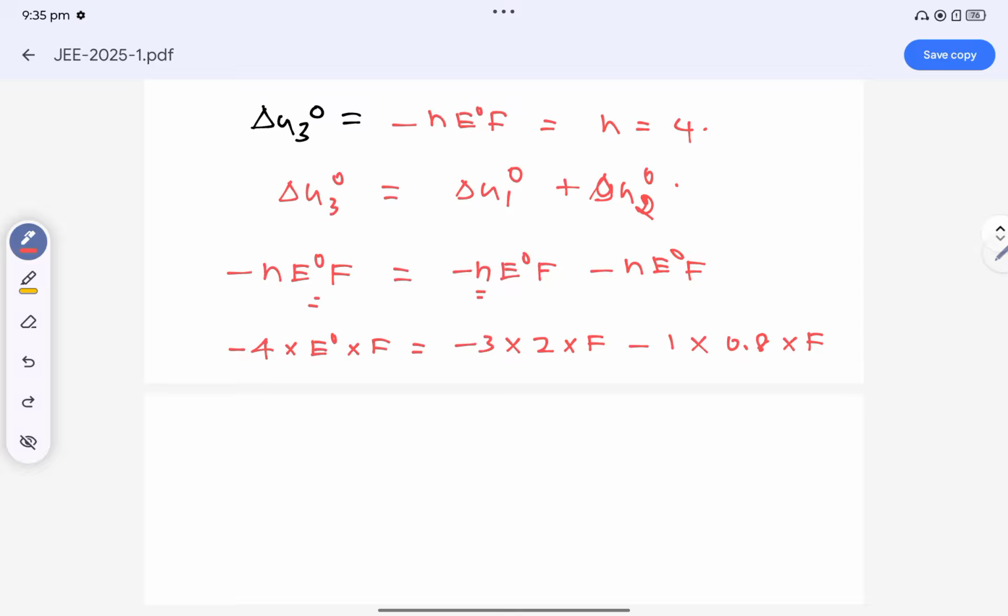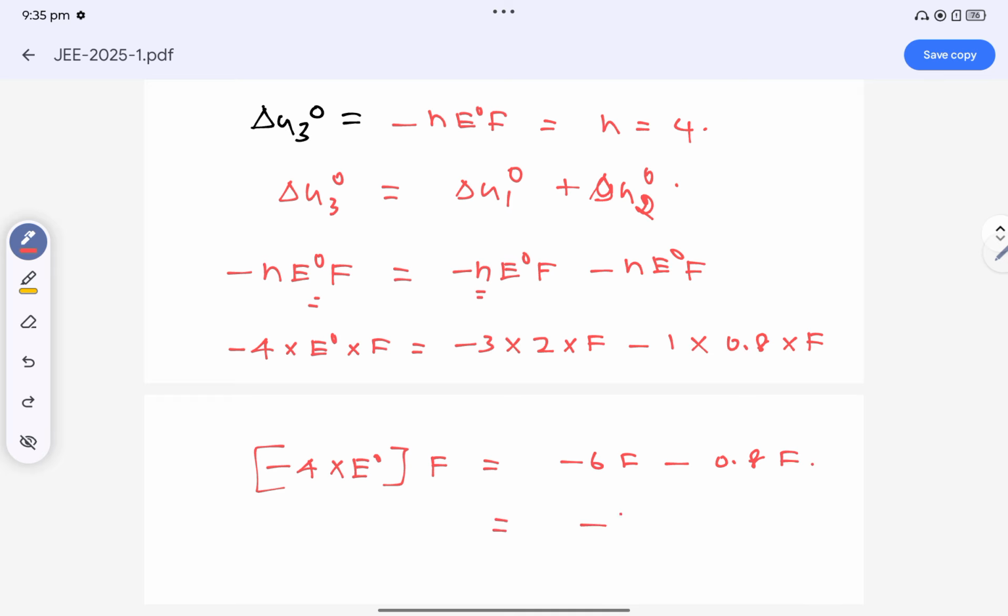So F is taken outside because F is the common factor. We may have 5 into E naught value. F is taken outside, we have minus 6 Faraday minus 0.8 Faraday.